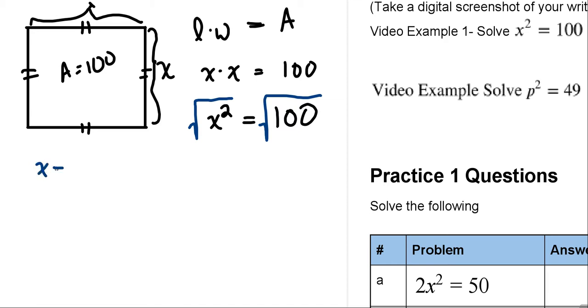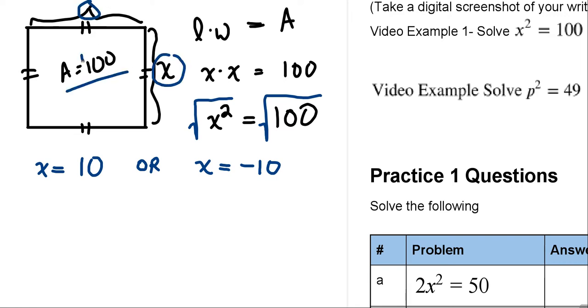x equals, well, it's the square root of 100, which is 10. That's fairly obvious if we have a geometric reality. But in our previous lesson, we also learned that to get a positive 100, we could have a length of x equals negative 10, because negative 10 times negative 10 also produces a positive 100.